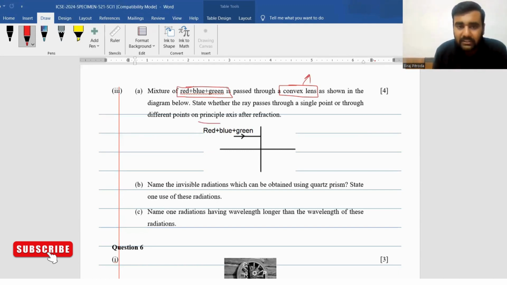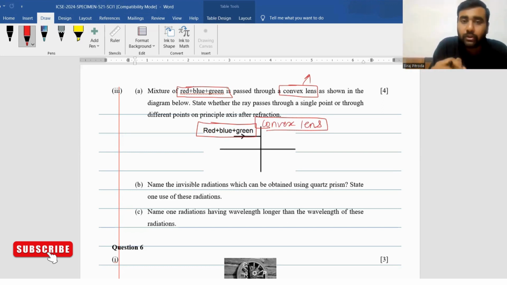I have three colors over here, red, blue and green. When these colors hit the convex lens, we know that there will be refraction of light. And because of refraction of light, can I say that each of them, red, blue and green, will go to different points on the principal axis? Technically, let's find out which color is going to deviate the most.